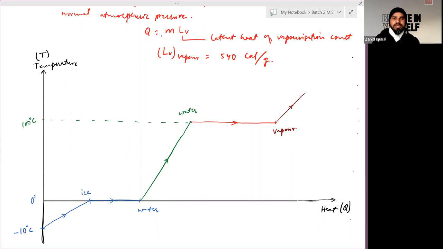Sakshi, would you like to define why there is no change in temperature on changing state? Asma, any idea?